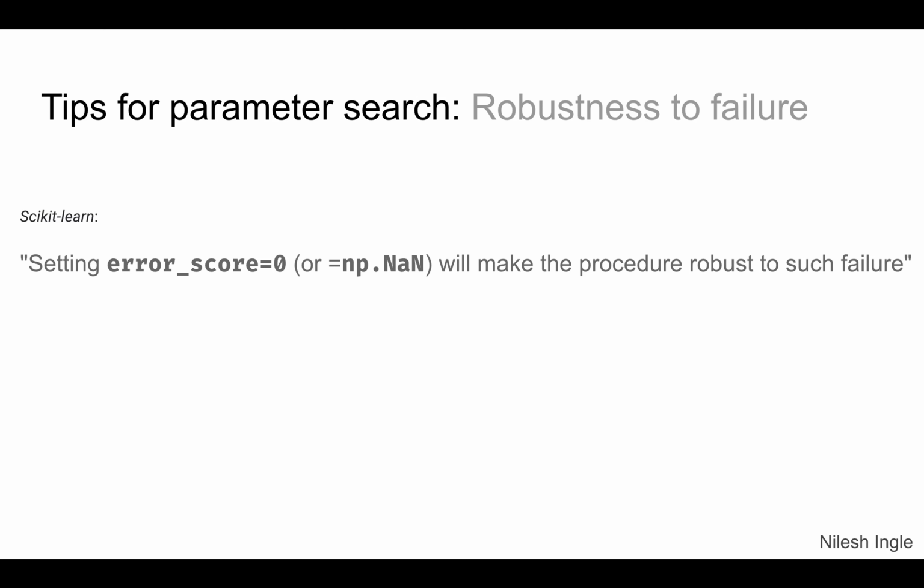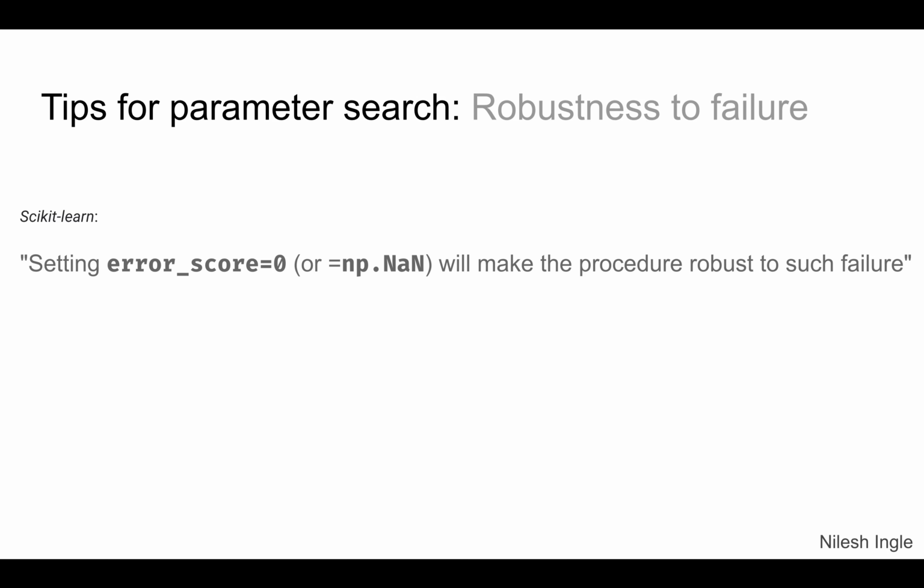What I mean by that is, let's say you have values for parameter C, you have 1, 2, 3, and so on, but if there is a value that should not be used as an input to that parameter, then it will throw an error and the run would crash.